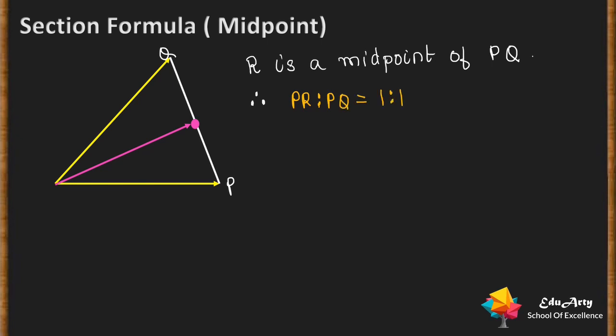Then it becomes very easy. देखो, this is your A vector, this is your B vector, and this one here is your R vector, this is your R point. तो यहाँ पर we can find our R vector very easily, which is equal to A vector plus B vector divided by 2. Same section formula if you remember. Correct? Very easy, I hope. Right?